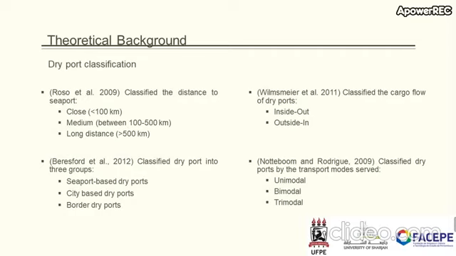Beresford classified dry ports into three groups: seaport-based, city-based, and border dry ports. Wilmsmeyer et al. 2011 classified the cargo flow of dry ports in inside out and outside in. The last one, Rodrigues, classified dry ports considering the transport modes in unimodal, bimodal, and trimodal.